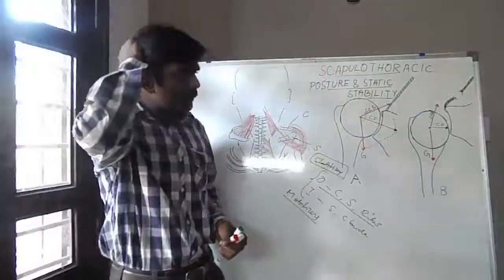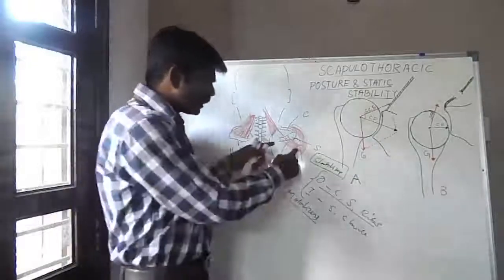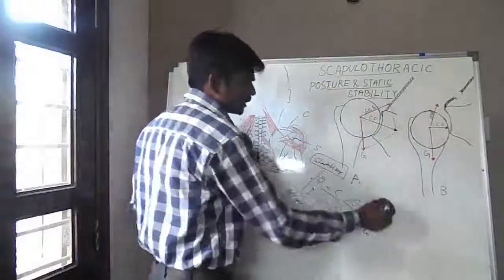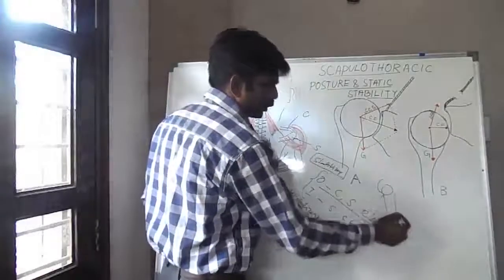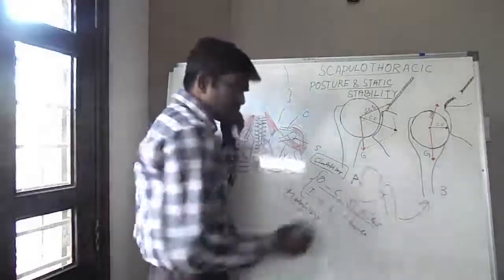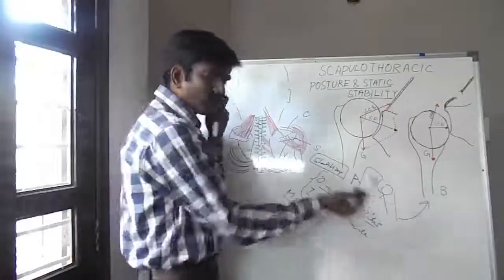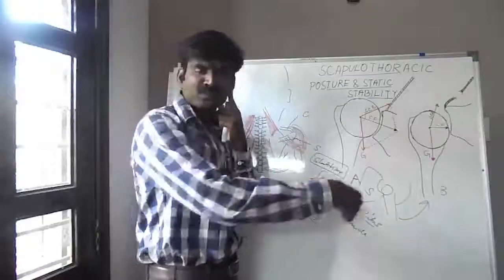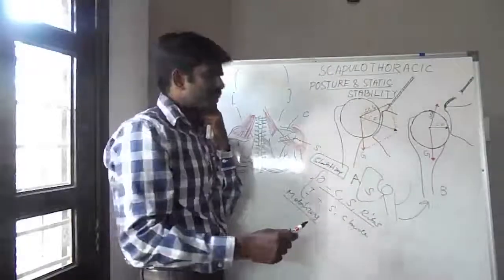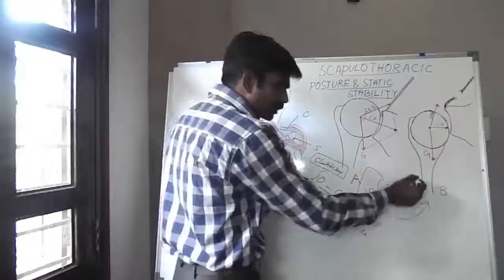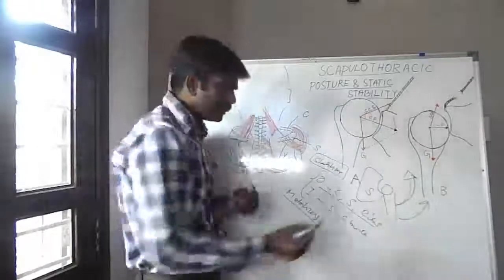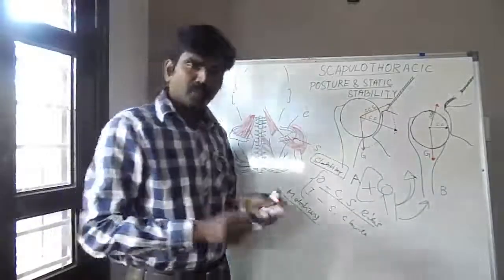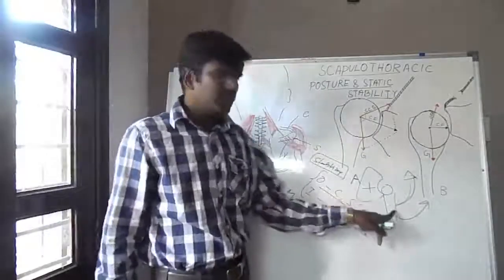For example, take humeral abduction. There are many abductors: initially supraspinatus, then deltoid, then trapezius. When we talk about the abduction of the shoulder joint, the scapula should be stabilized. The proximal bone should be stabilized when the distal bone is moving.